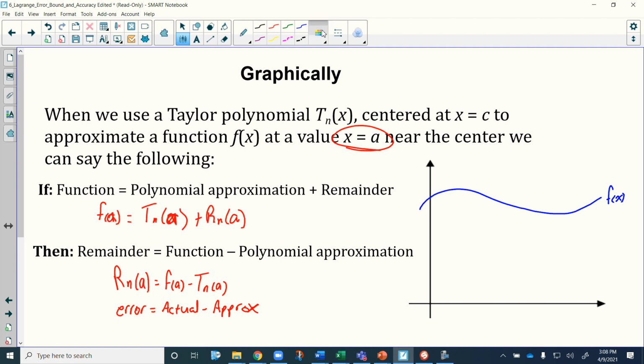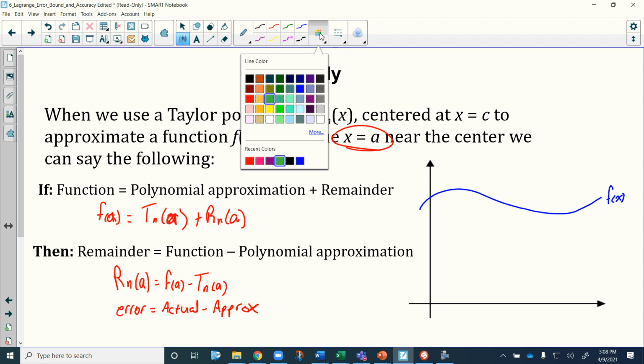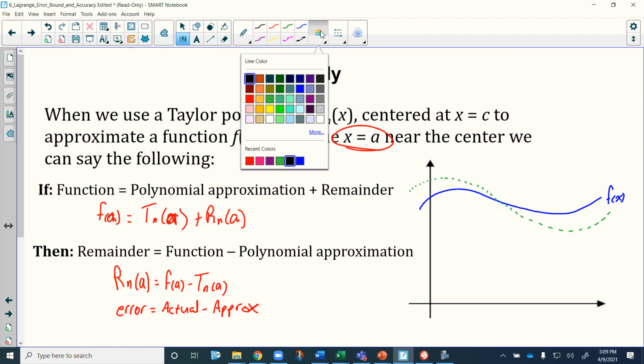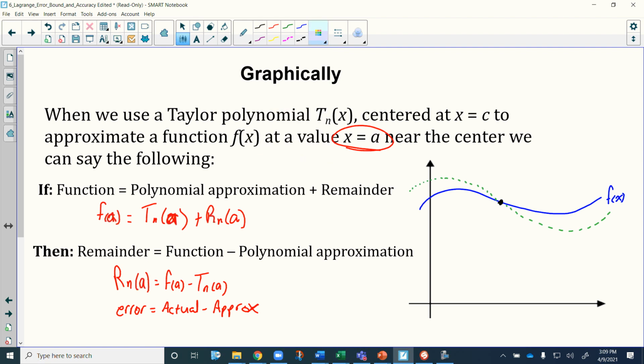We can have an approximation like so, where at this point, where they intersect each other, is when x is equal to c. That's the center of the polynomial.